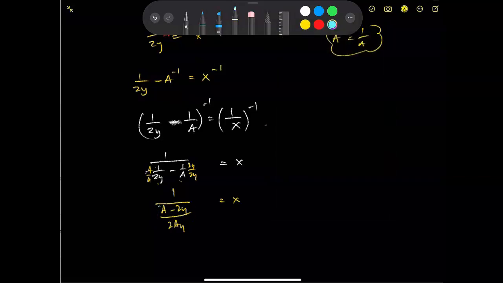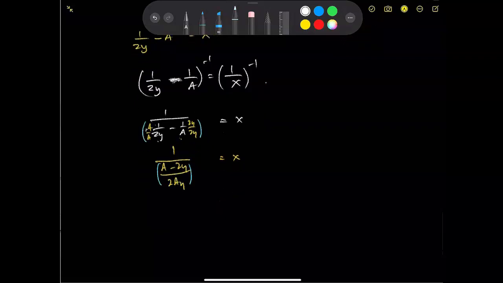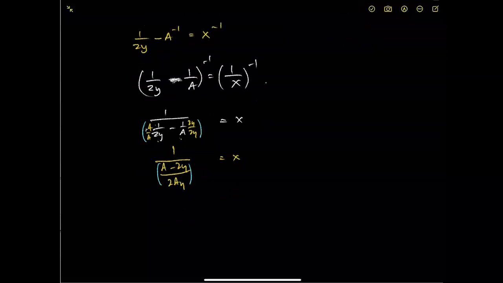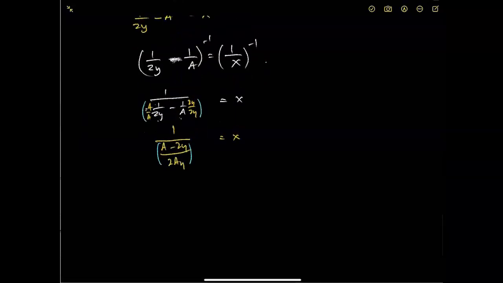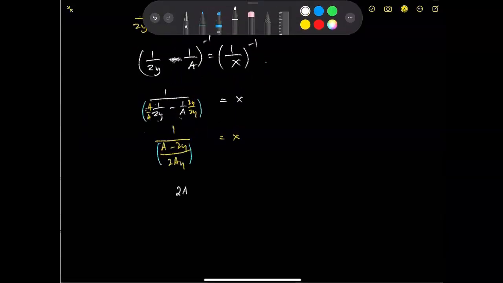So this here came from this here. I know fractions can kind of throw us for a bit. So then 1 over that is really just the reciprocal. So we get 2ay all over a minus 2y, and this equals x.